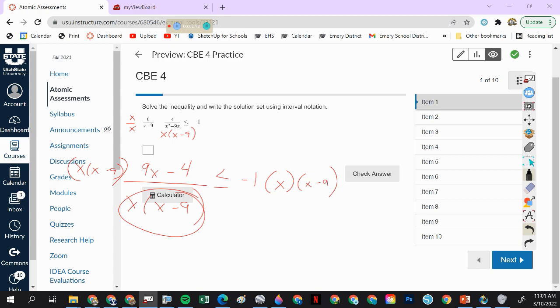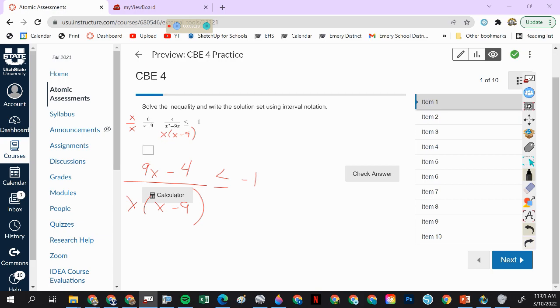Maybe, right? And if x times x minus 9 is positive, then I'm not going to have any problems. But what if this is negative? Then I have to flip the inequality, and that's a problem, right? So that's not going to work either. So here's what we're going to do. I chose poorly.